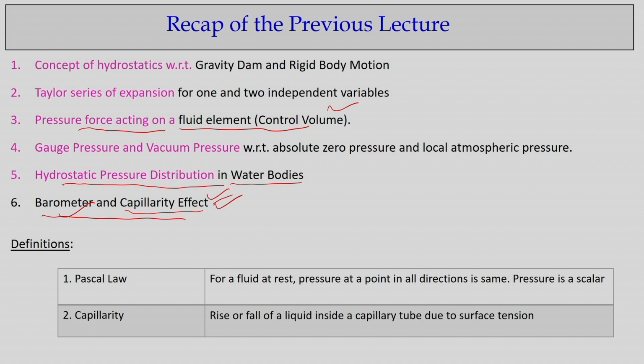We also discussed Pascal's law, that pressure at all points in all directions is the same when fluid is at rest. That means pressure is a scalar quantity and does not have direction. The capillarity concept was discussed with respect to surface tension.